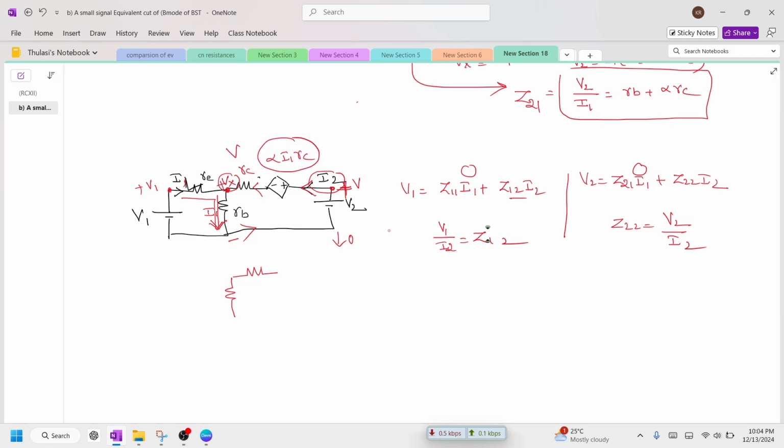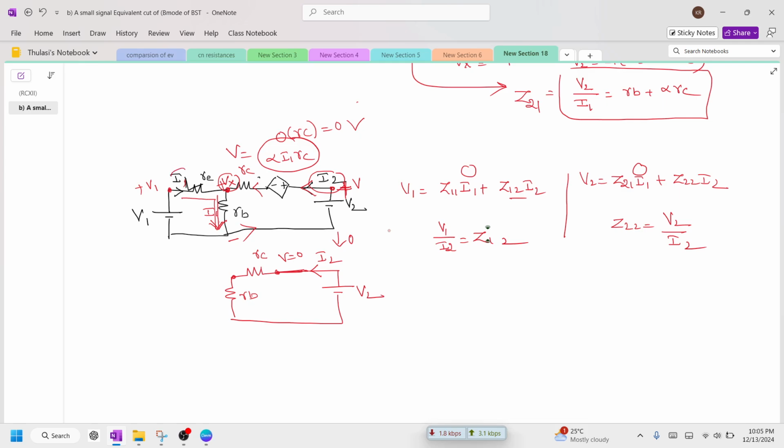This is a voltage source. When I1 is 0, 0 into resistor also is 0 volts. Therefore, this acts like a short circuit with voltage equal to 0, and we have V2 and the current is I2, and this resistor is RC, and this is RB.